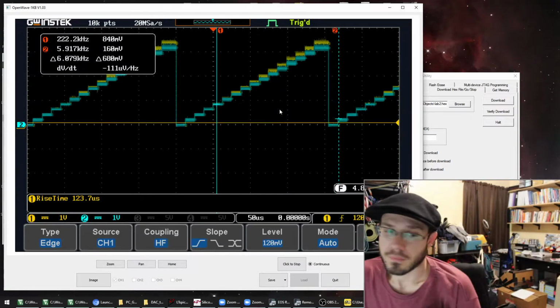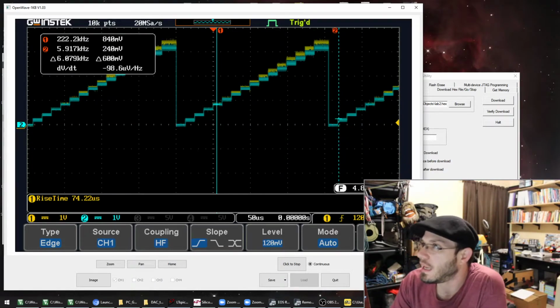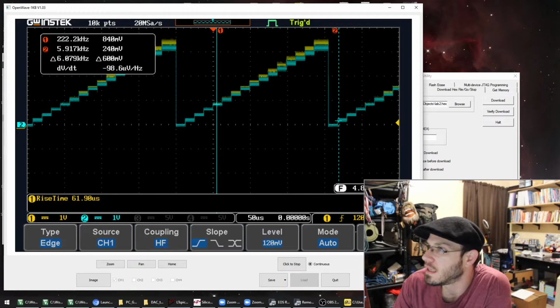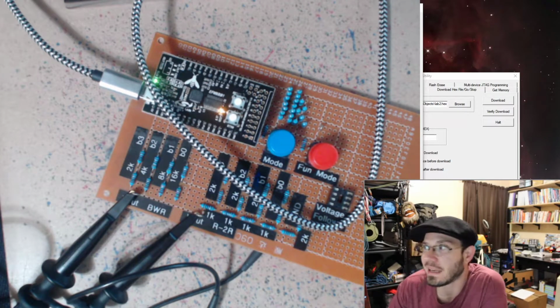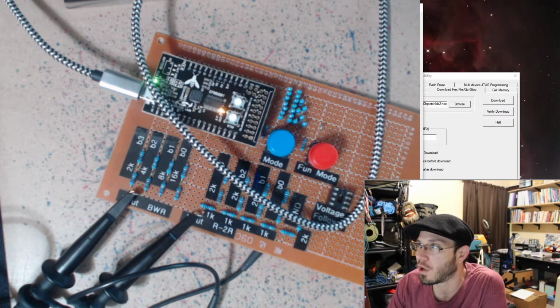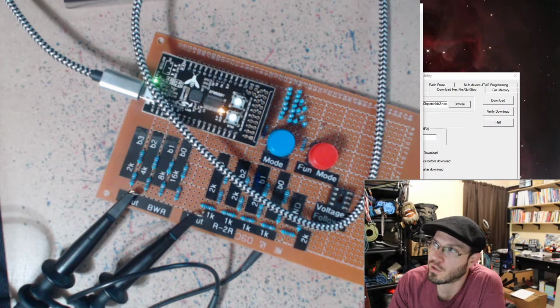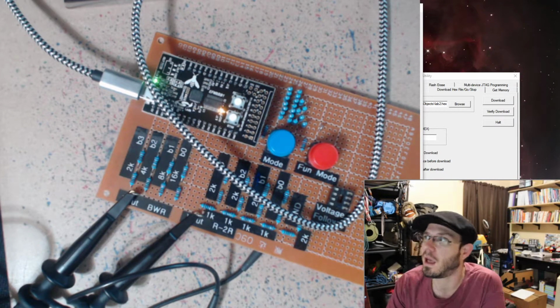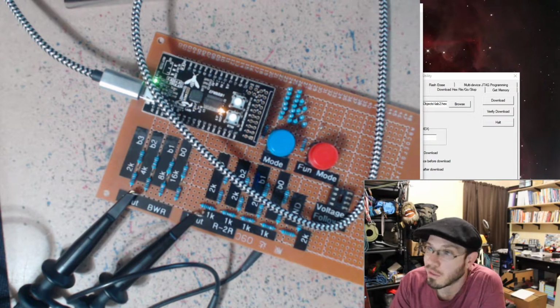Now, right now, the yellow signal of interest is connected to the binary weighted resistor DAC. And keep in mind, this is a 4-bit DAC, so we have all of 16 values that we can output from this DAC. And then the R2R ladder is the same thing. It's a 4-bit DAC, and it is on the blue signal.